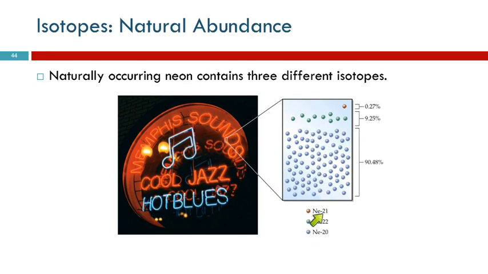The neon 22 makes up about 9.25%, and neon 21 is pretty unusual, only 0.27% of neon atoms are neon 21. This percent distribution, we call it a percent abundance, is relatively constant no matter where you find the neon.